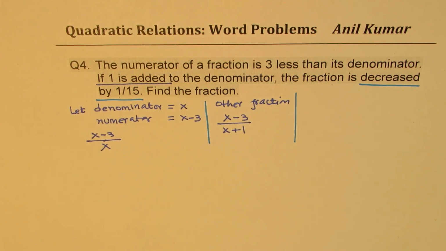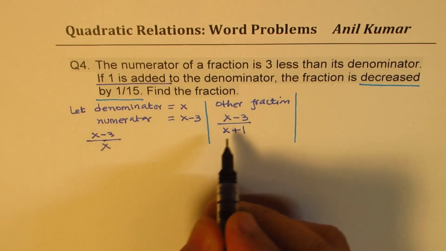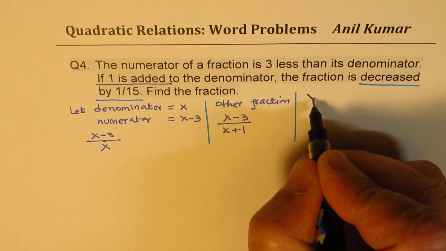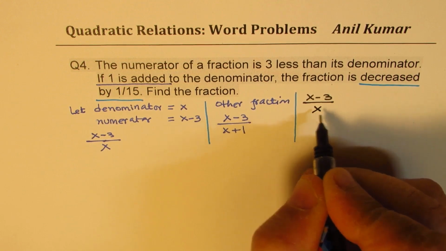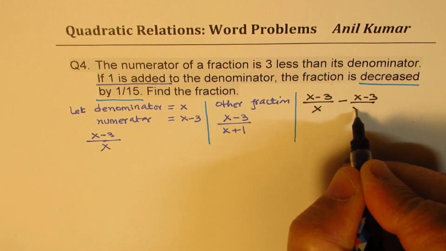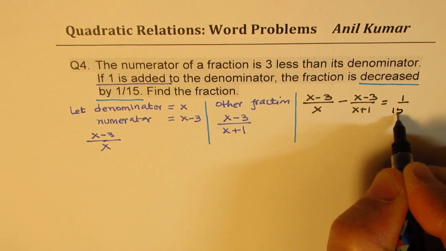So we get our equation as this minus this is 1 over 15: x minus 3 divided by x minus x minus 3 divided by x plus 1 is equal to 1 over 15.